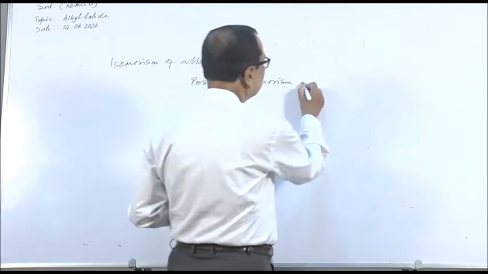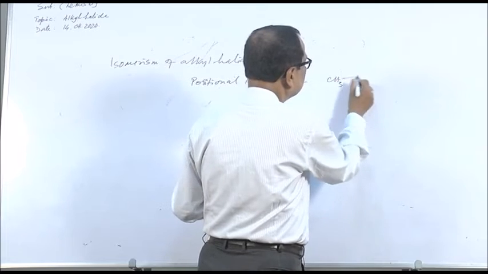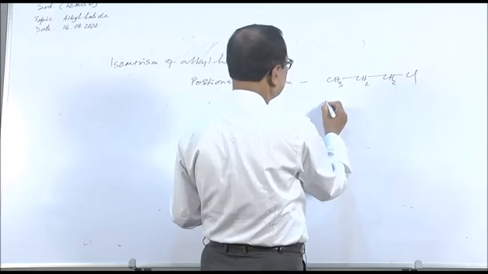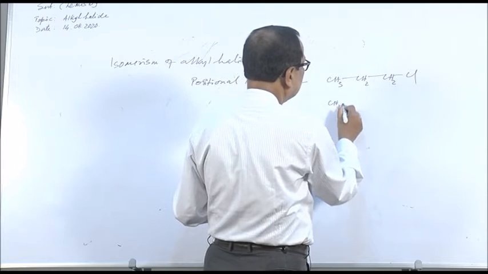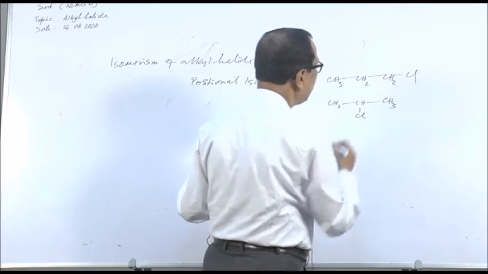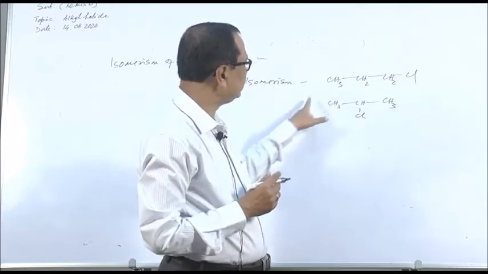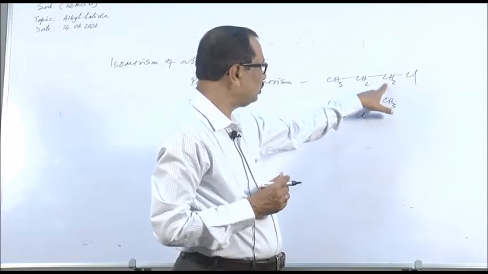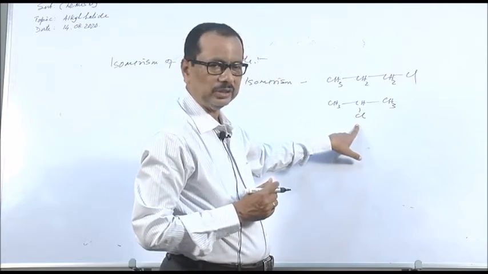For example, CH3CH2CH2Cl, and another one, CH3CHClCH3. You see here in this case the position of the halogen, that is chlorine, is at 1 position, and here the position of the chlorine is 2 position.